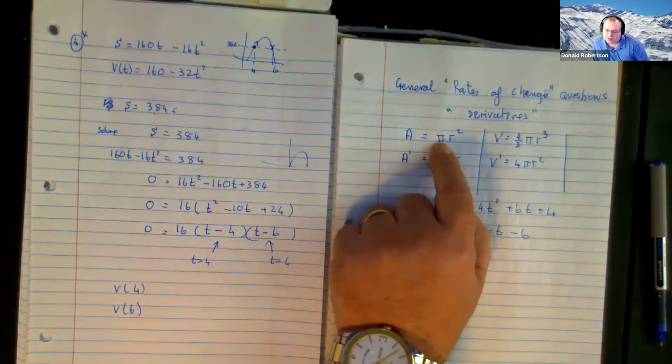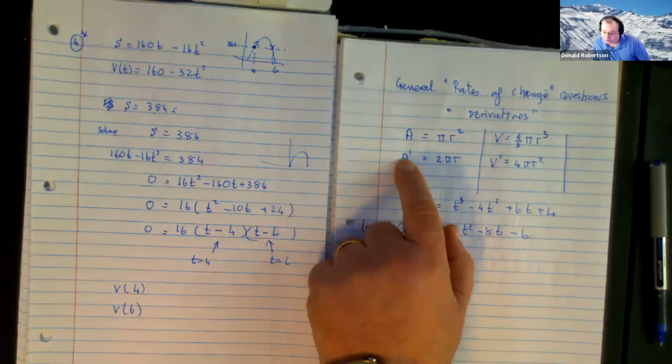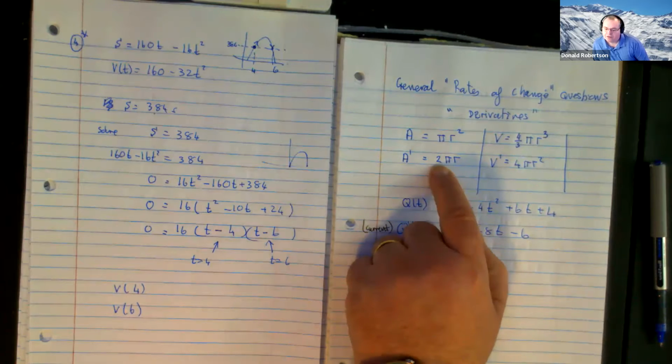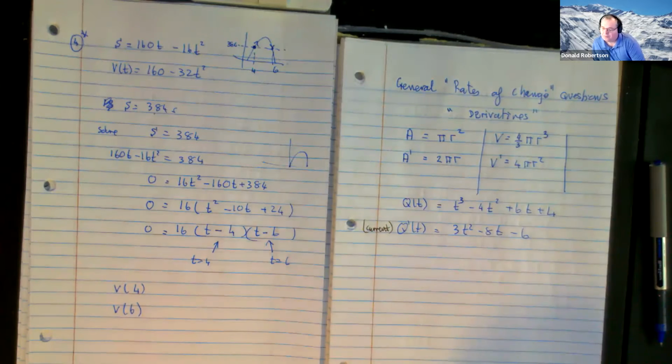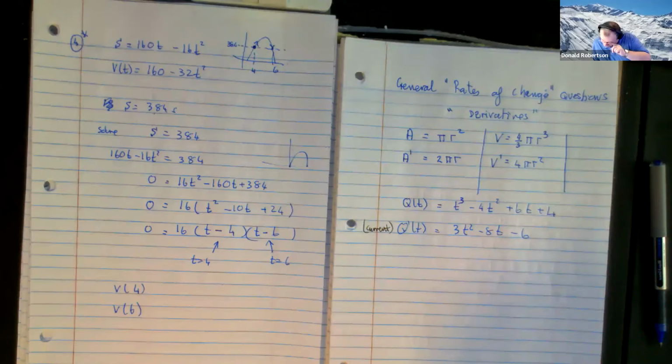Right, let's do this one. Pi r squared is the area of a circle. Its derivative, its rate of change, is 2 pi r. Do you recognize the formula 2 pi r? You've seen 2 times pi times r. Yeah, it's the length around the circle. It's called the circumference.